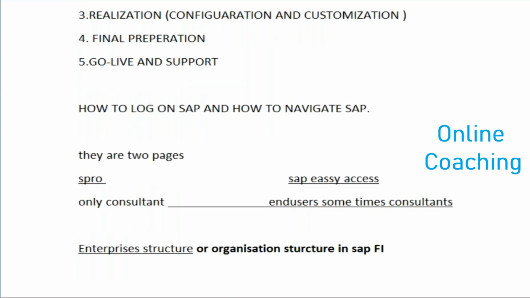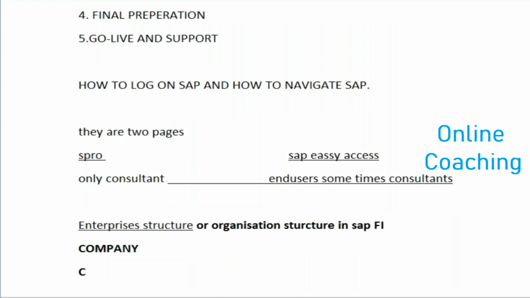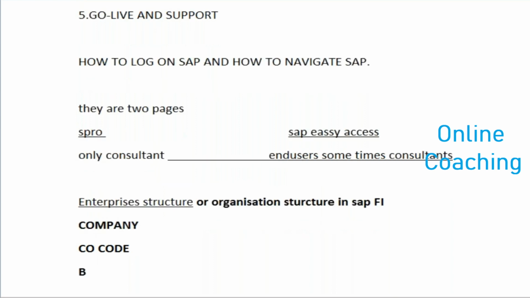Now look here in FI: company, company code, business area. This is one.